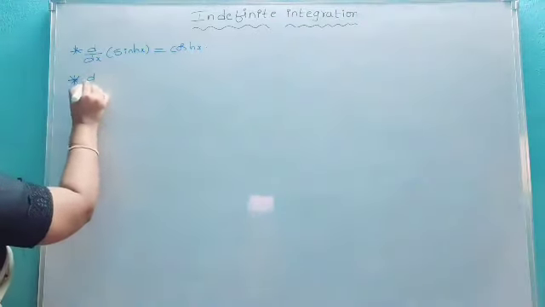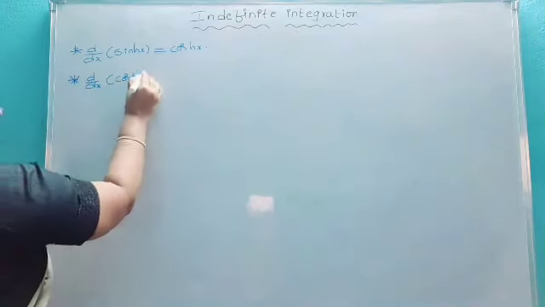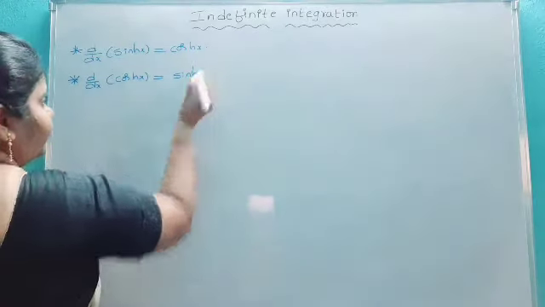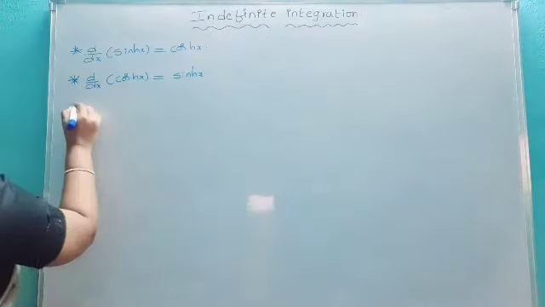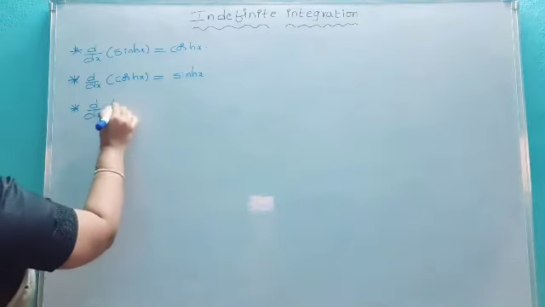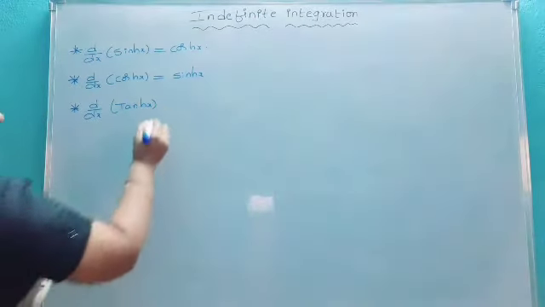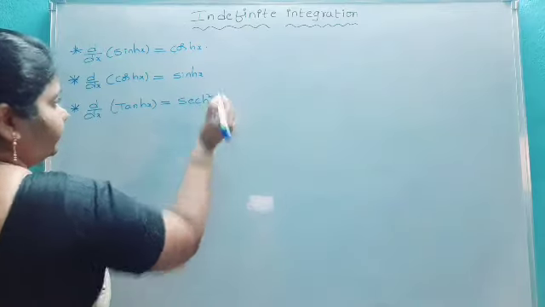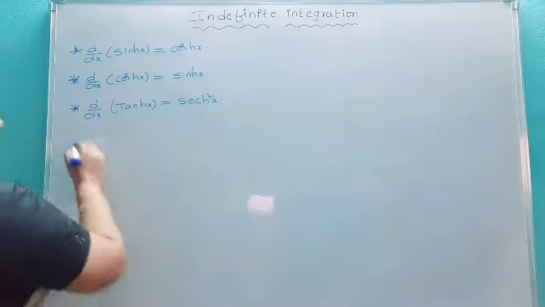Next, d by dx of cosh x is equal to sinh x. Next, d by dx of tanh x is equal to sech square x.